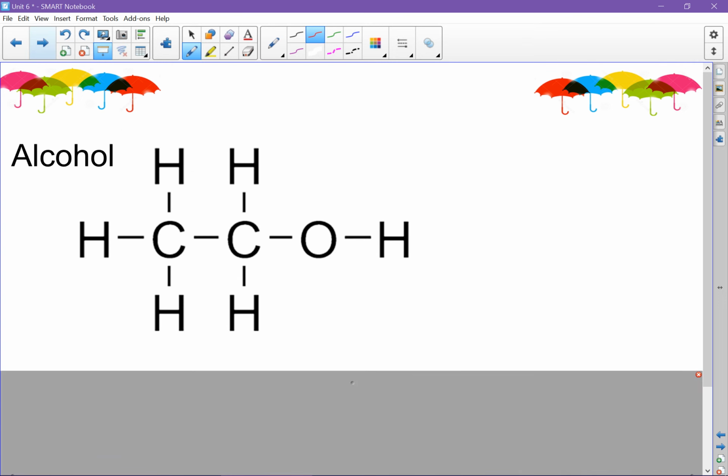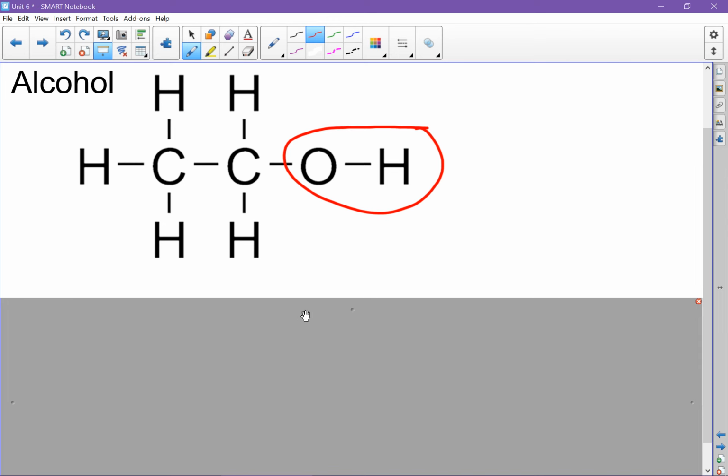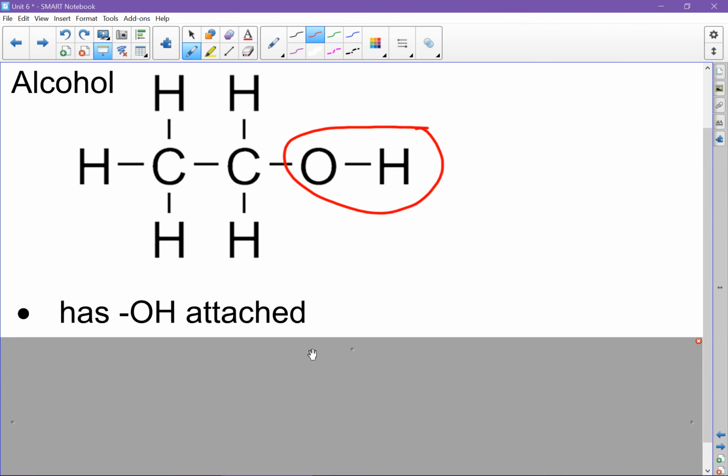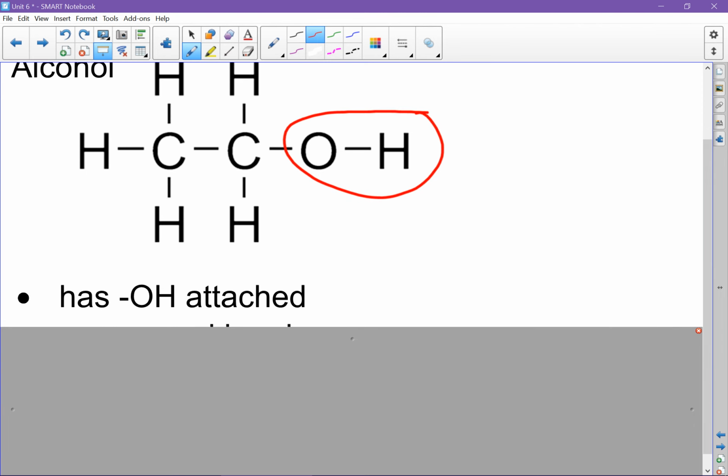Next we have alcohol, yes, like the drinking kind, but there's lots of other ones too. The functional group, which means the special part here, is this OH. So what alcohol means is that it's still a hydrocarbon, it's got C's and H's, but now it has an OH attached. So that's the special part or the functional group of that organic compound. Okay?